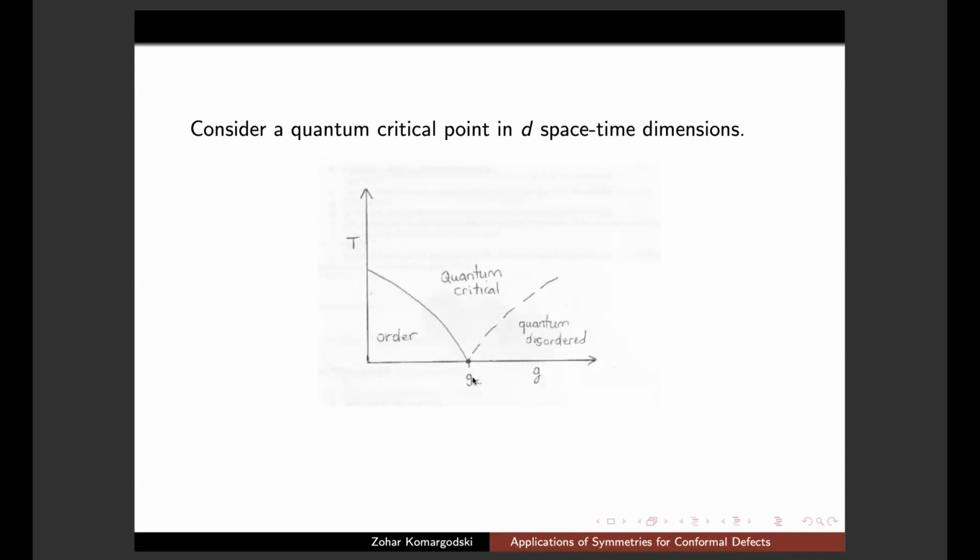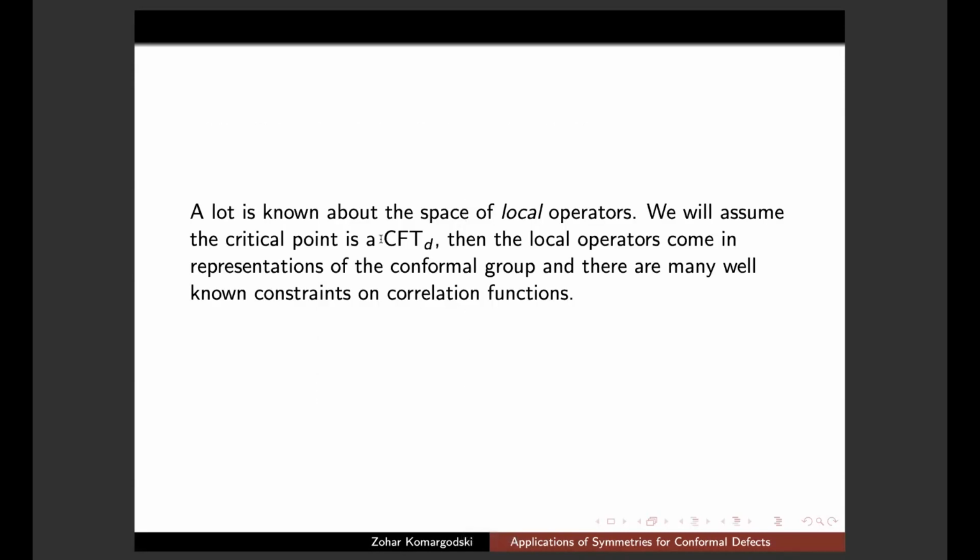And in many cases, the dynamical exponent is 1. So you actually get a relativistic conformal field theory at long distances at these special points. So that's one way in which conformal field theories arise in physics. They arise as these zero temperature quantum phase transitions.